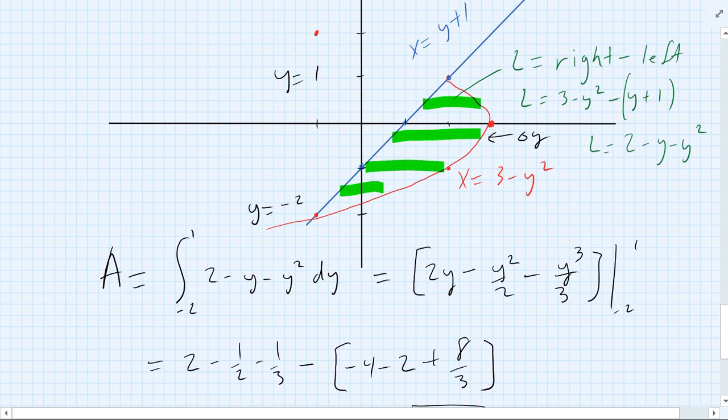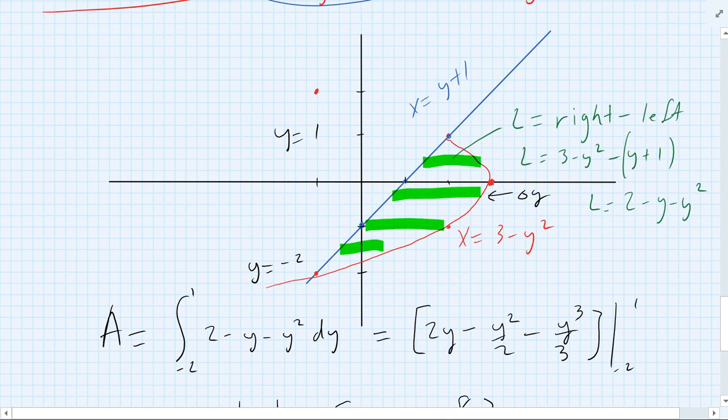Hang on, I need to add to this drawing. Notice everything here. When we see that delta y right there, that tells me it's in terms of y. That means limits of integration are y, the lengths are y, and you're integrating with respect to y, okay? The other one was in terms of x.